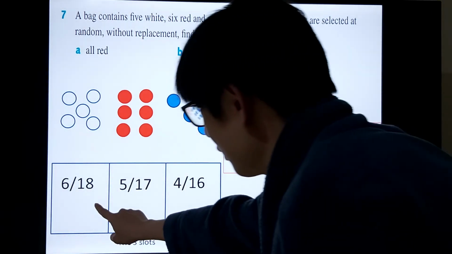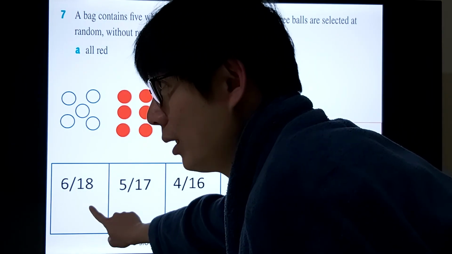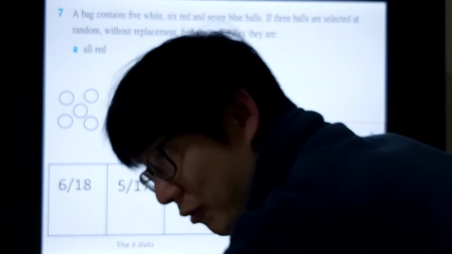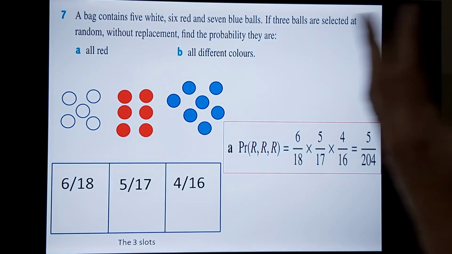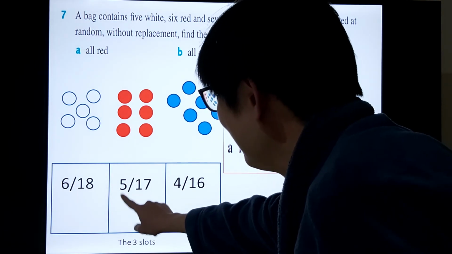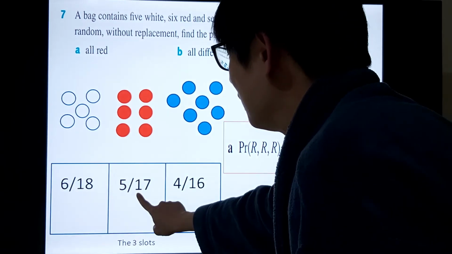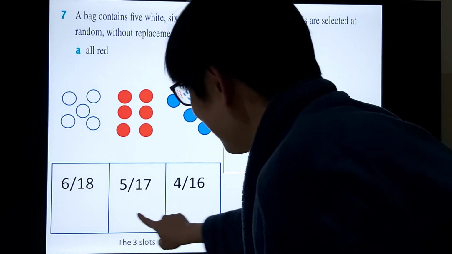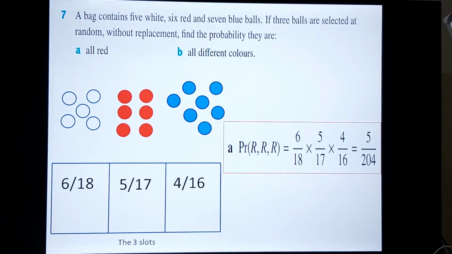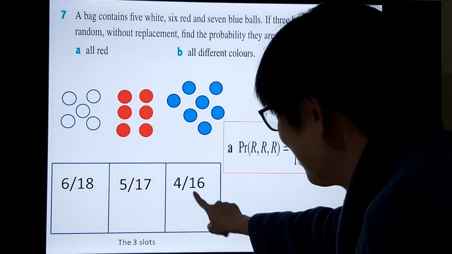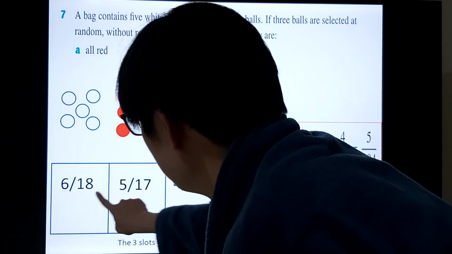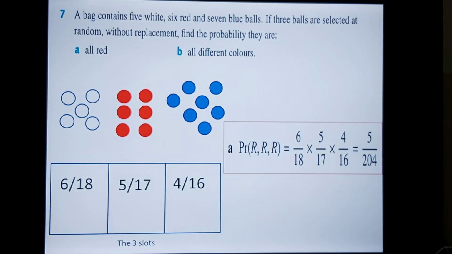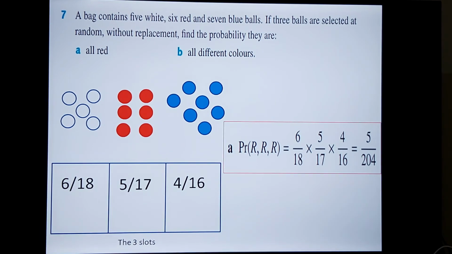Now, how many red balls are left? 5. And how many balls in total are left? 17. So after the second attempt, only 4 red balls and 16 balls are left in total. So this is the probability of selecting 3 balls in sequence. You multiply them together, that will be your answer.